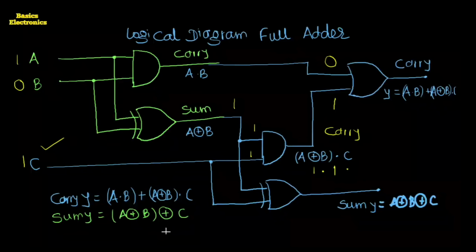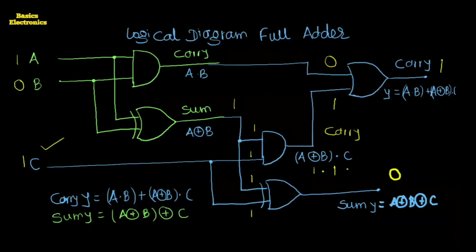What about the sum? This A XOR B is equal to 1 and C is also equal to 1. The inputs for the lower half adder's XOR gate are 1 and 1. It produces a low output, meaning the sum is equal to 0 and the carry is equal to 1.